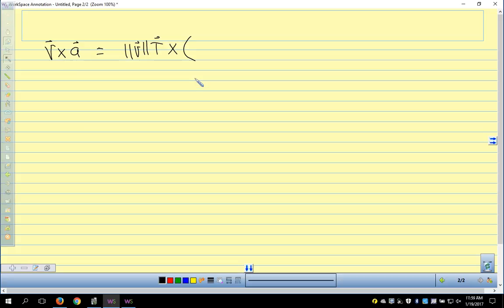So that's going to be the derivative with respect to time of the magnitude of the velocity, times our unit tangent vector, plus magnitude of velocity, magnitude of T prime, times our unit normal vector.